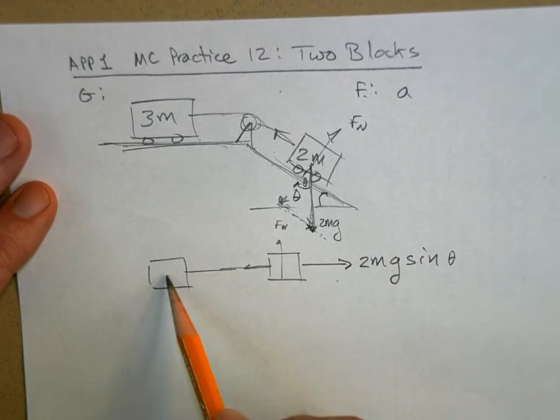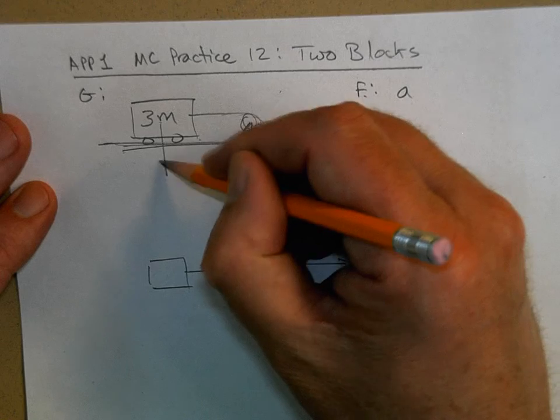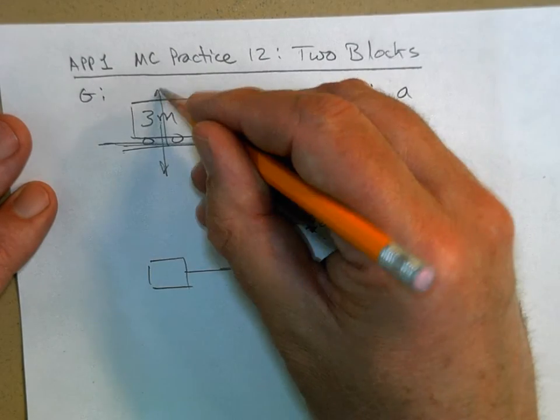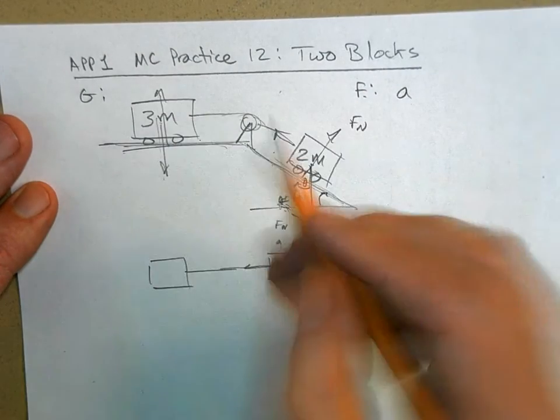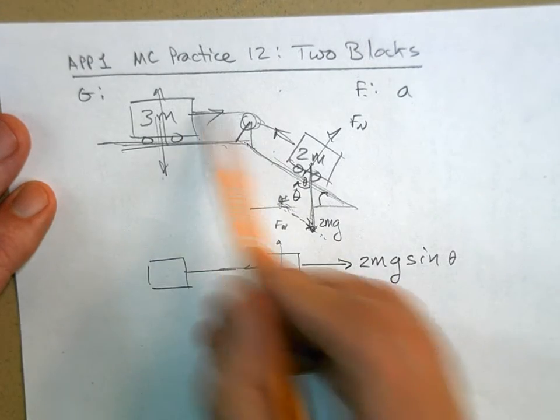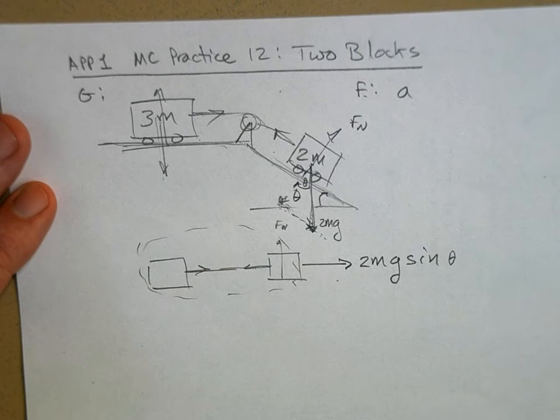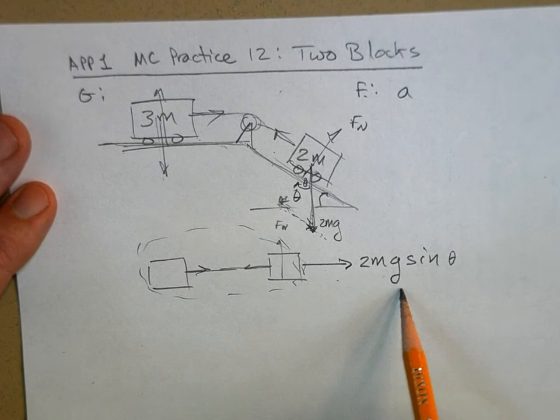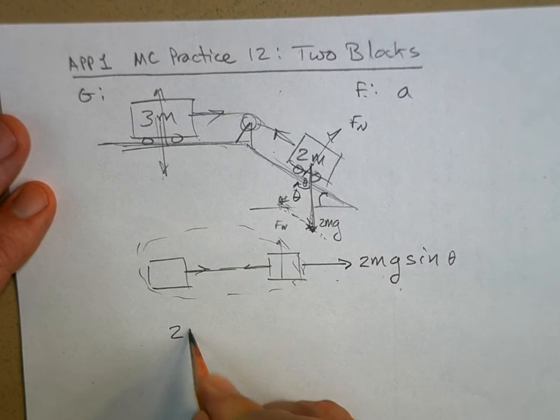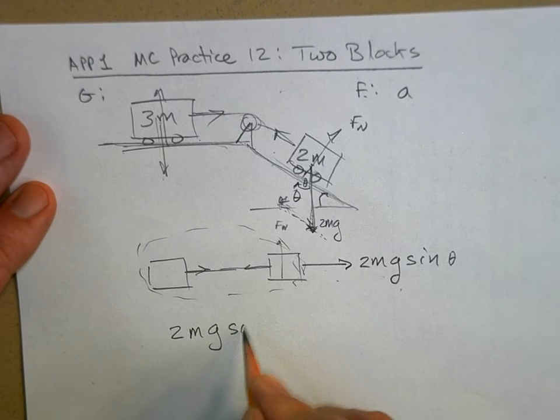Now, this one has forces on it too, right? We've got the normal force, we've got the force of gravity, and then we have this tension force. But this tension force is internal to my free body diagram. So there's only one net outside force acting. It's 2m g sine theta.